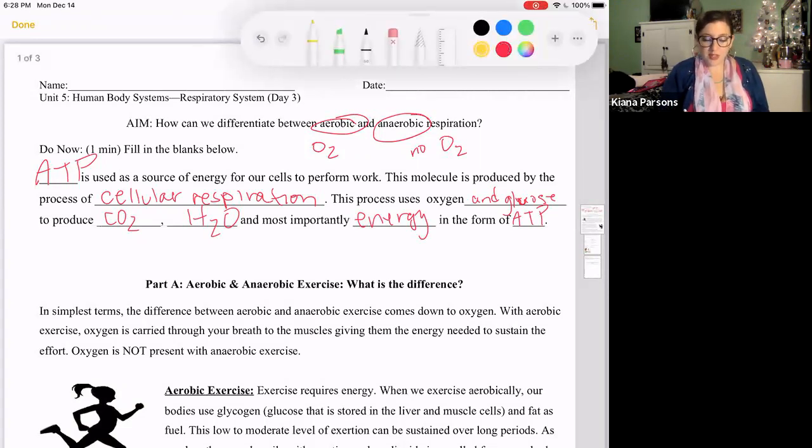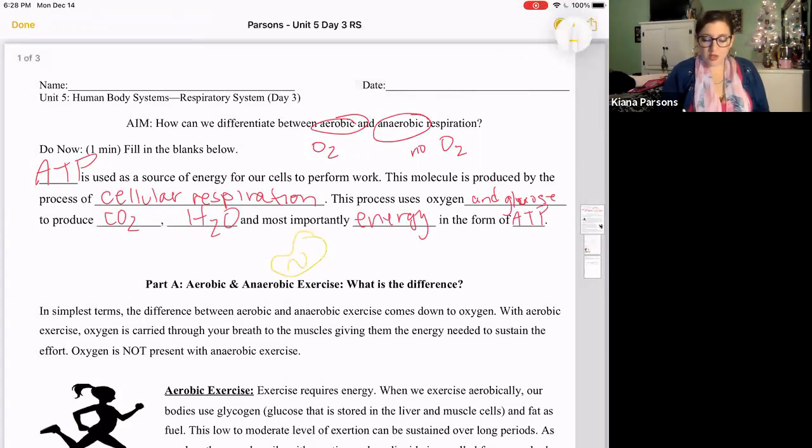And as we hopefully recall, this process occurs in the mitochondria.